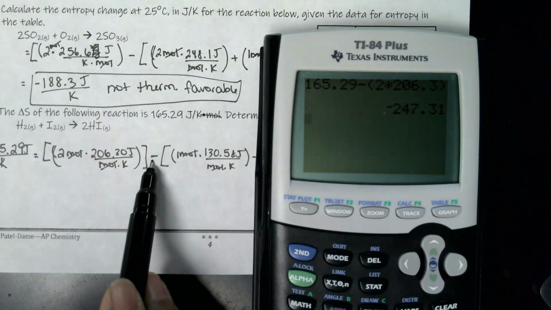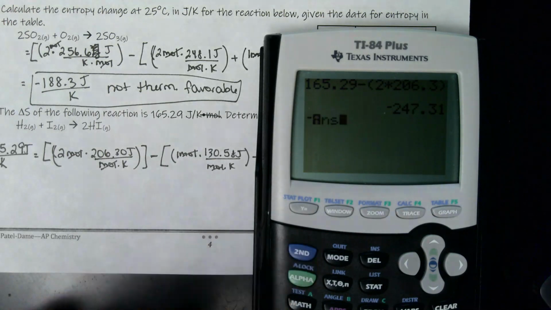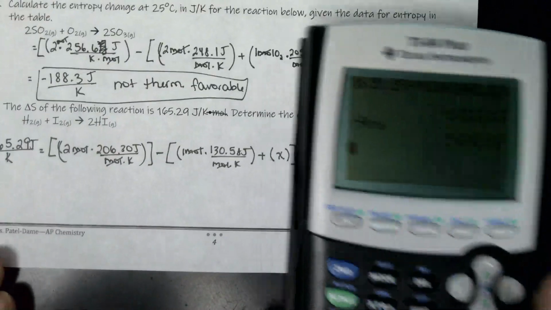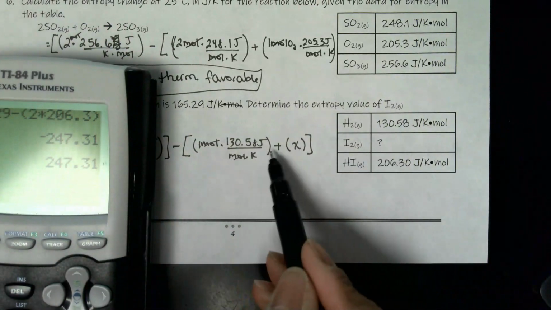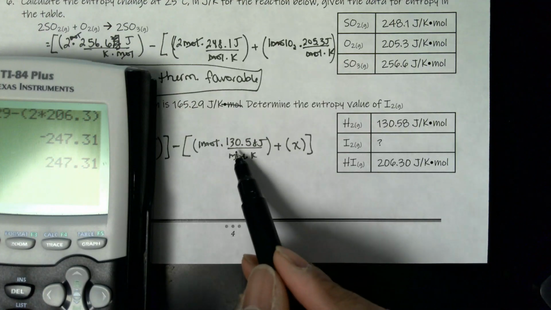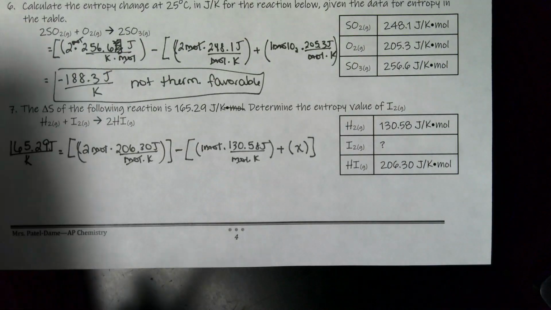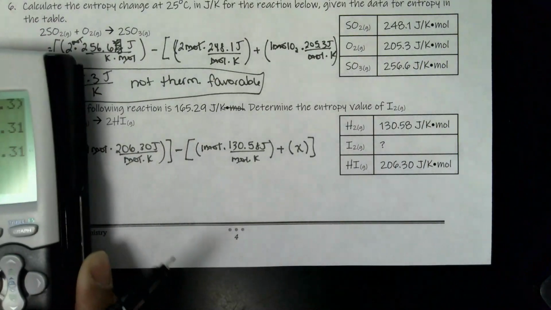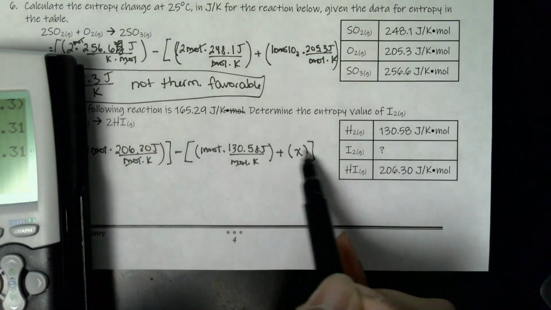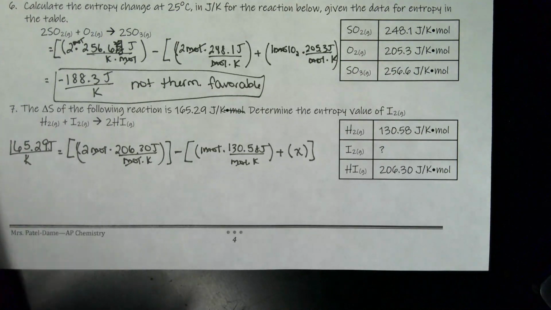That's a negative. This part's a negative. I'm going to just do negative second answer to make that positive. So essentially, if I'm adding both on this side, I'm going to subtract that from both sides.